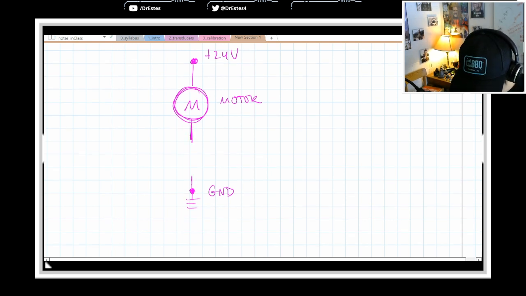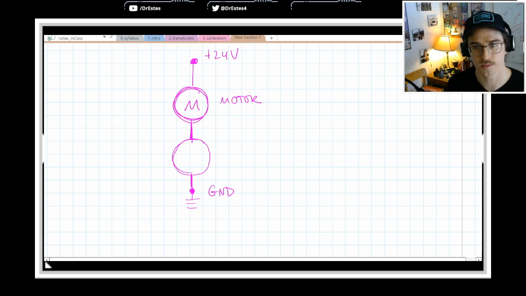But I'm not going to complete this circuit, so current is not going to run through here until these lines are connected. In here is where we're going to put our transistor. This is where the switch is going to be.